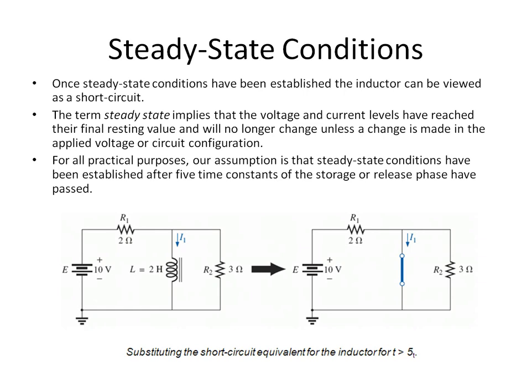For all practical purposes, our assumption is that steady state conditions have been established after 5 time constants of the storage or release phase have passed. As seen in the bottom diagrams, once the 5 time constants have passed, the inductance of 2 henries is now viewed as a short.